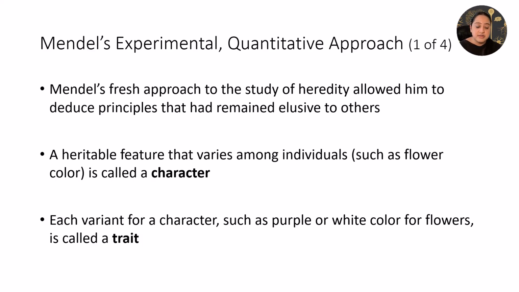Something that varies among individuals but can be passed on and inherited. And then different variants for a character, like either purple flower color or white flower color, each variant is called a trait. So a character is like the flower color, and the different variants are traits.